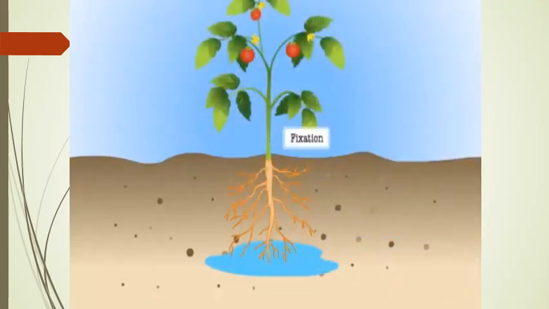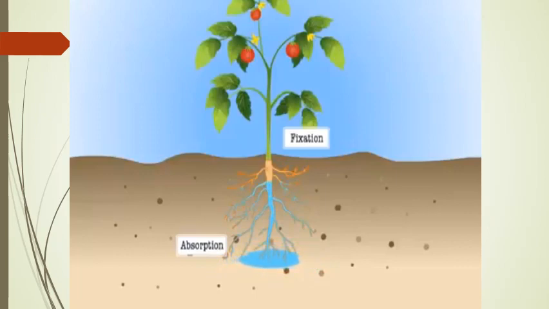Roots have two primary functions, fixation and absorption. Roots fix the plant to the ground and act as an anchor. Roots absorb nutrients and water necessary for plant growth from the soil.